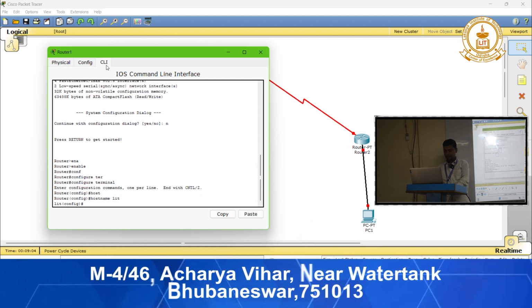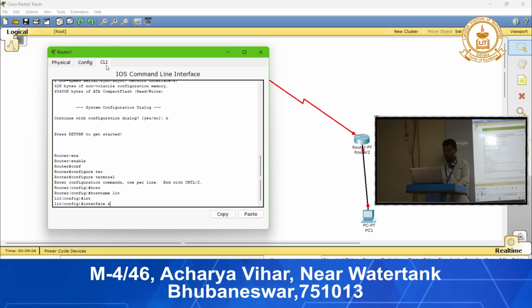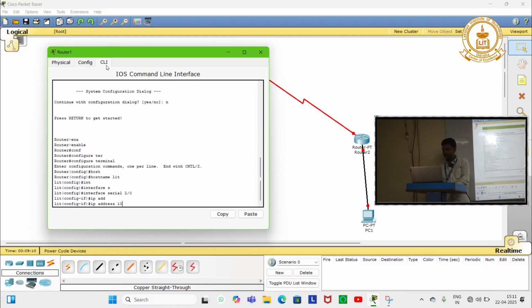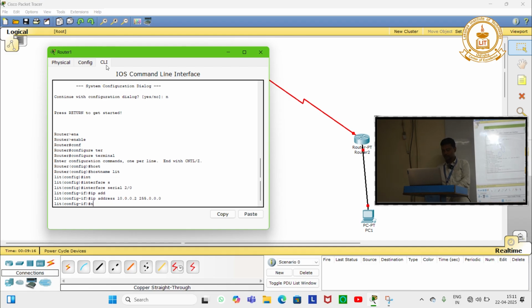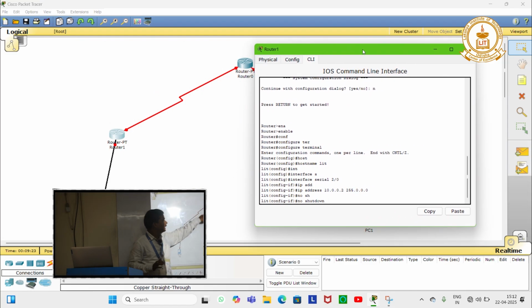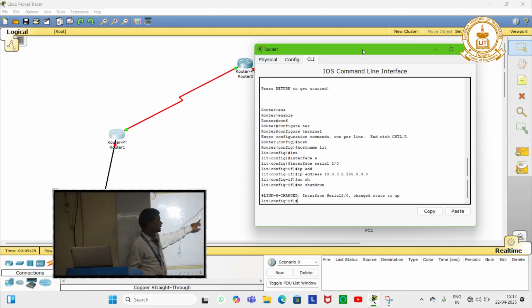Okay, interface serial 2x0, IP address 10.0.0.2, subnet mask 255.0.0.0, then no shutdown. When you enter no shutdown, the link must be green. So the link is what? Green. So this is the one connectivity, router to router.